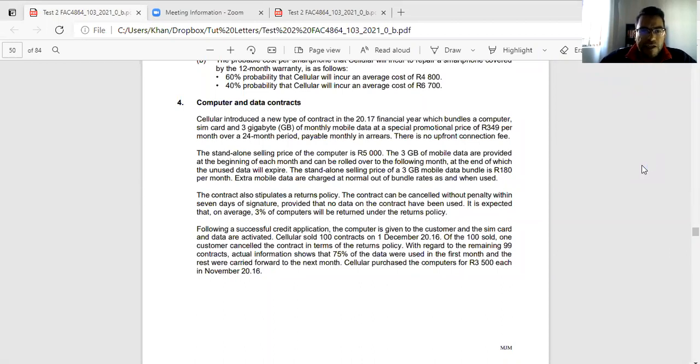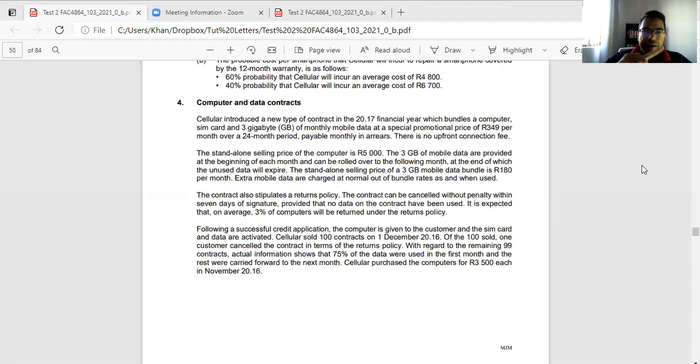Under number 4, computer and data contracts. Cellular introduced a new type of contract in the 2017 financial year, which bundles a computer, SIM card, and 3 gigabytes of monthly mobile data at a special promotion price of $3.49 per month over a 24-month period, payable monthly in arrears. There is no upfront connection fee.